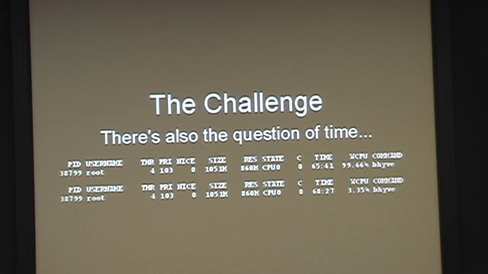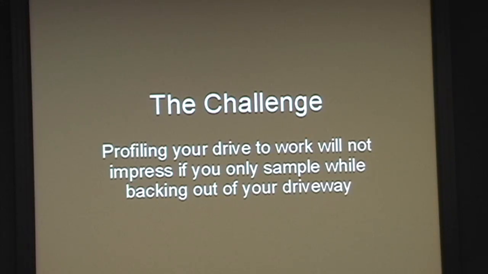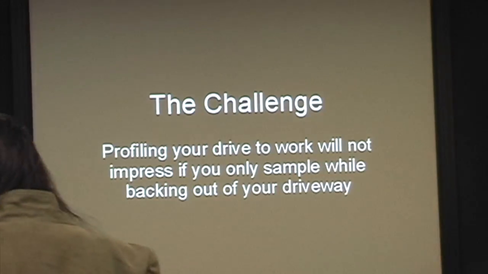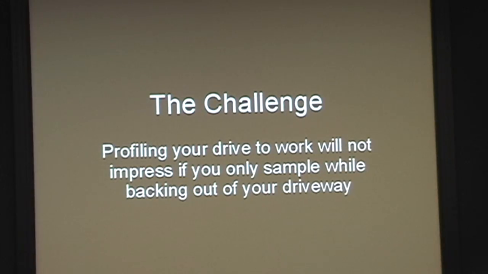And so it's a question of how do we accurately represent something over time without constantly ourselves manually grabbing those samples. So again, your drive to work is overall something you want to graph, but perhaps any moment in time might not be too attractive.